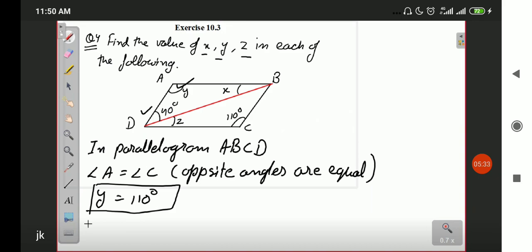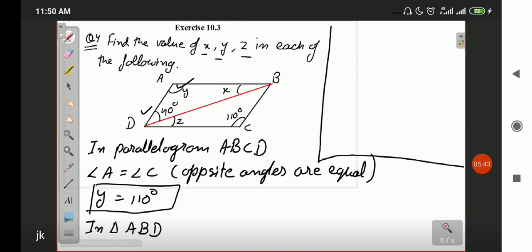In triangle ABD, the sum of angle A plus angle ADB plus angle ABD should be equal to 180 degrees.